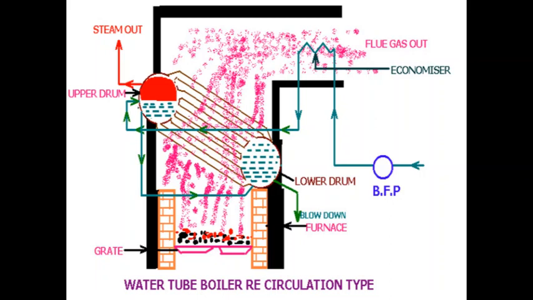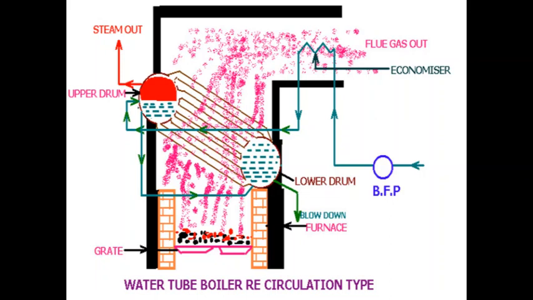Considering these disadvantages of the primary phase of economizer development, step by step some modifications were made. The first modification was to connect the economizer outlet to the upper drum, and another connection, a tubing, is taken out from the upper drum, passed through the outside of the furnace and connected to the lower drum.